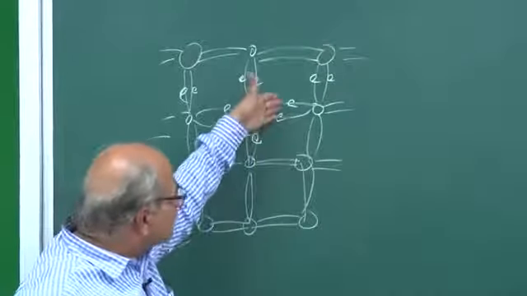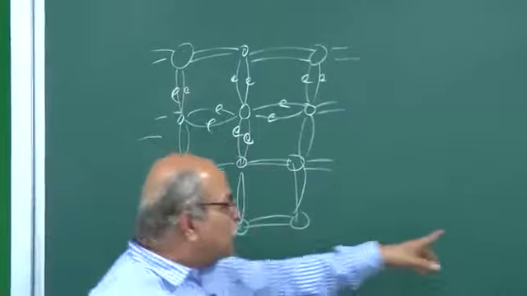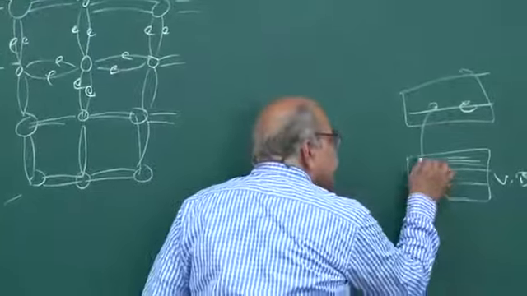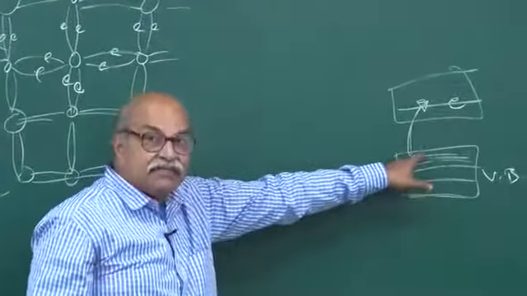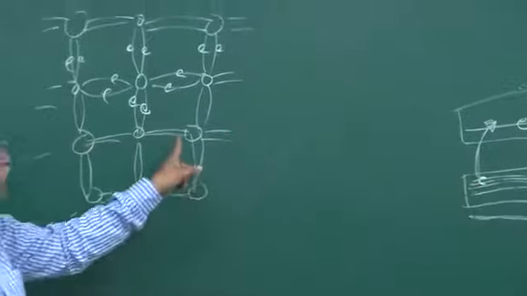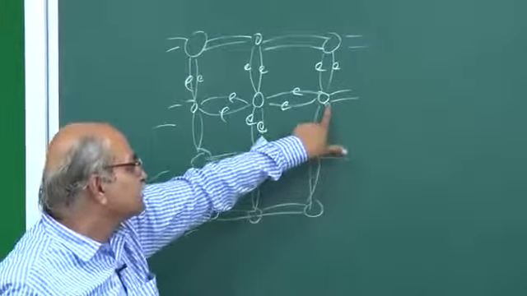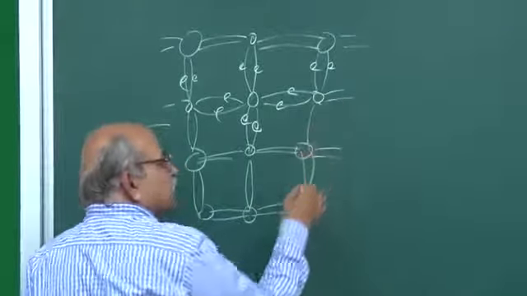That is not participating in any of these bonds. The bond is broken. When I say a valence electron has gone to conduction band, and you have an empty state here, empty quantum state here, one of those bonds is broken.